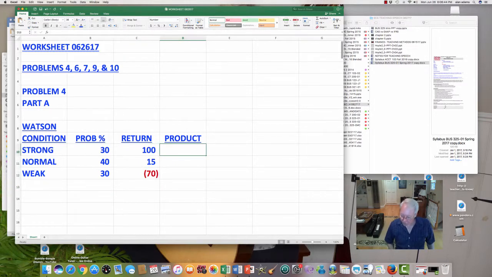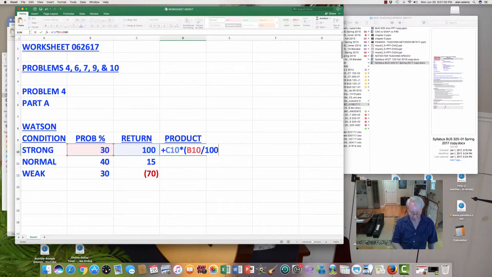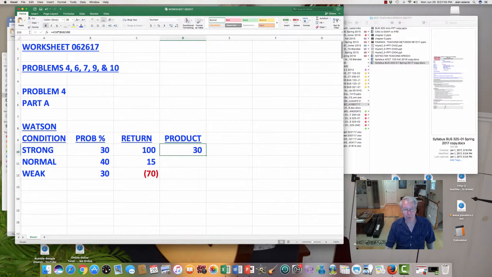All right? Now I'm going to do the product, which is going to be found by taking the return and multiplying by the probability, and I'm going to divide that by 100. Because again, those are percents. Okay? I'm going to replicate those down, just like that.